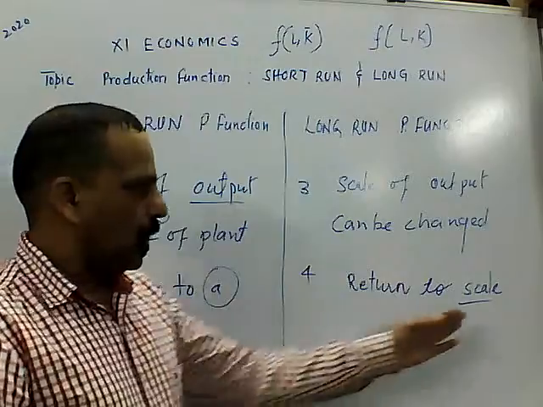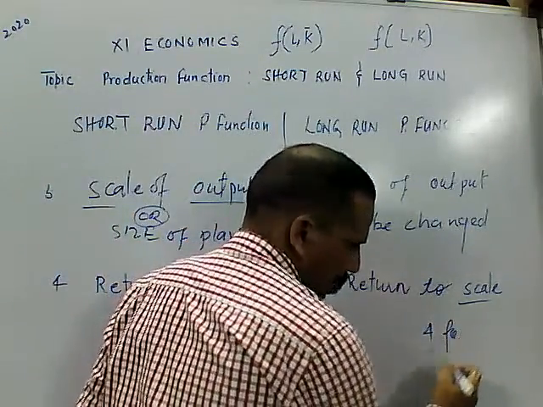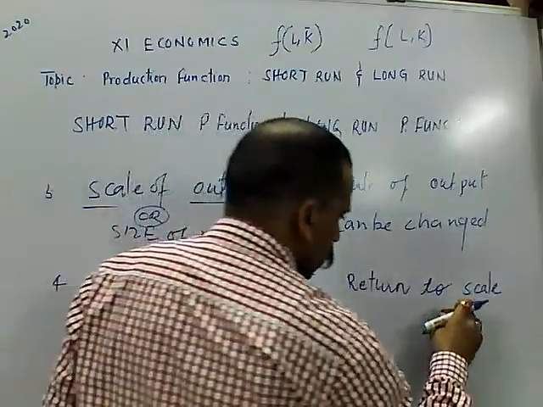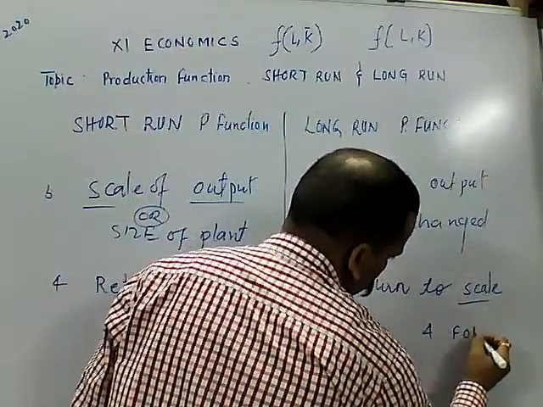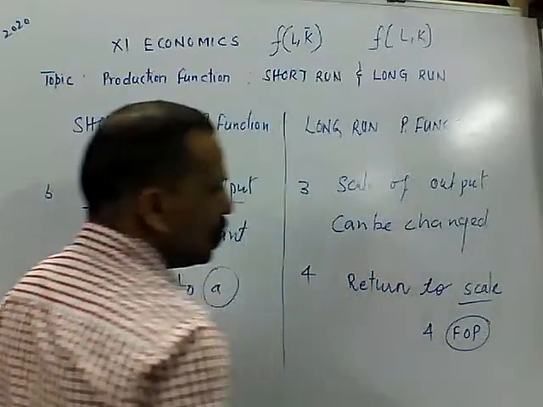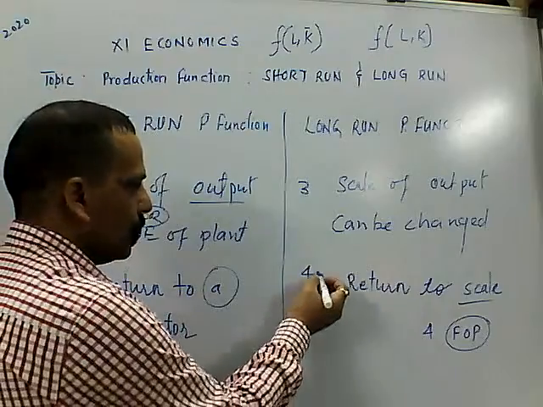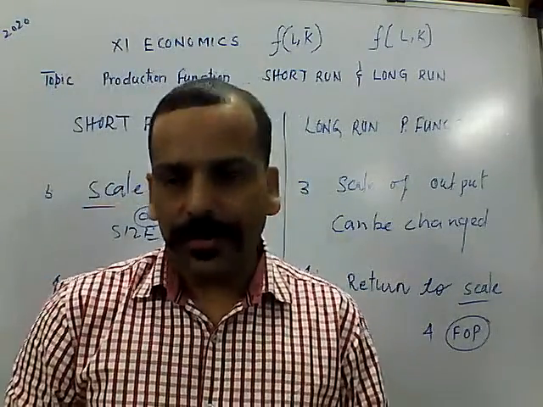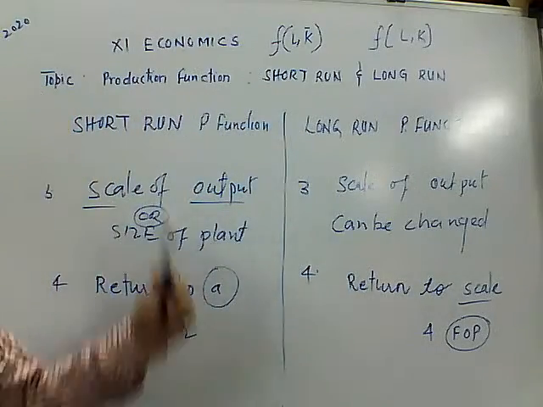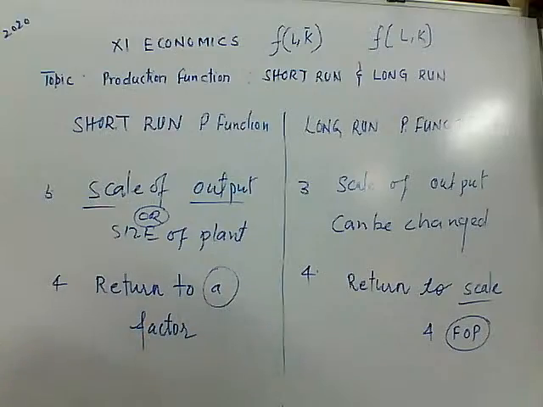So there all 4 factors of production can be changed. So this is the difference between shorter period of time and longer period of time.